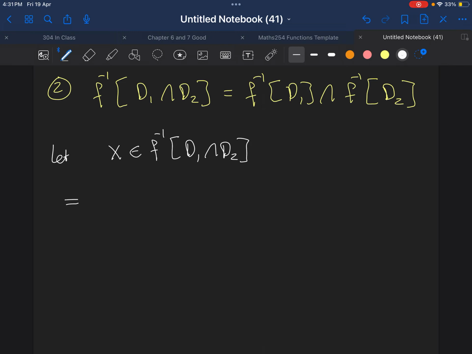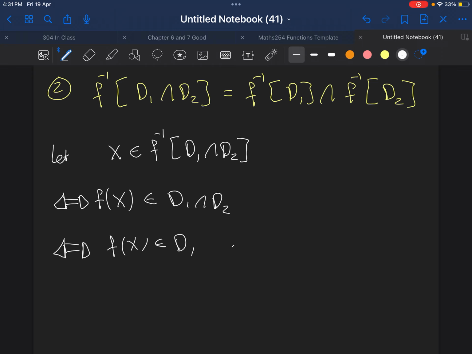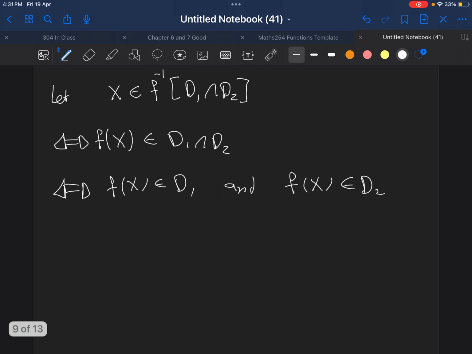Now this is the same, so I will write it as if and only if f of x is in d1 intersection d2, and this is the same, if and only if, f of x is in d1 and f of x is in d2, which is again the same as saying that x is in the inverse image of d1.